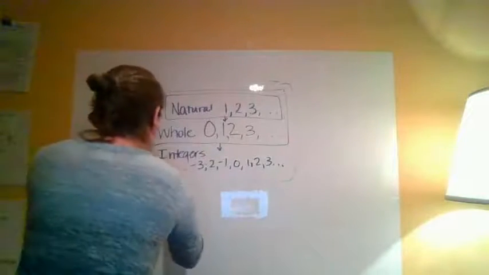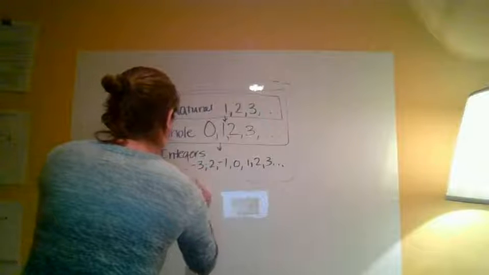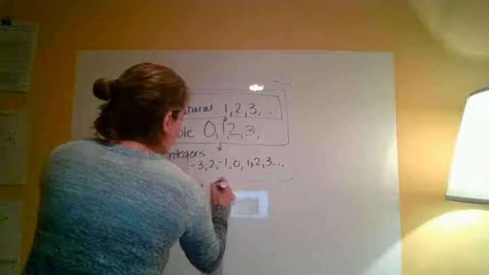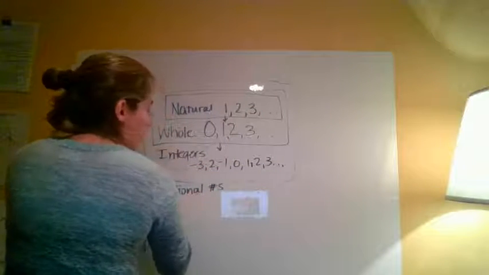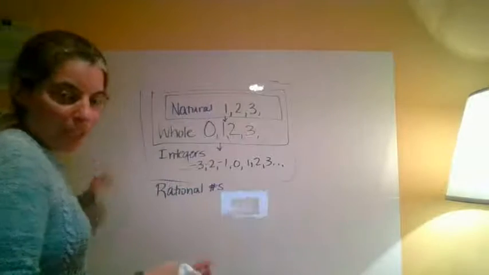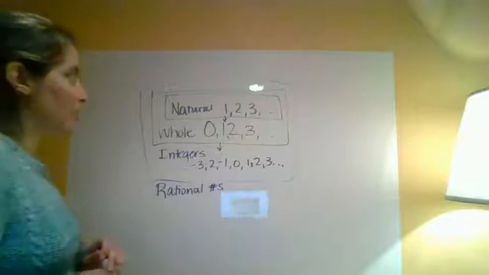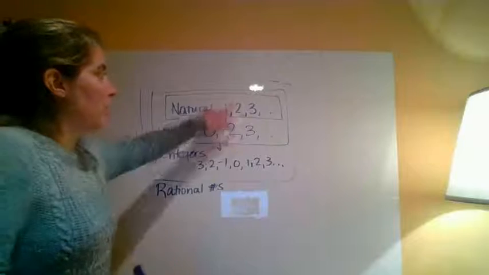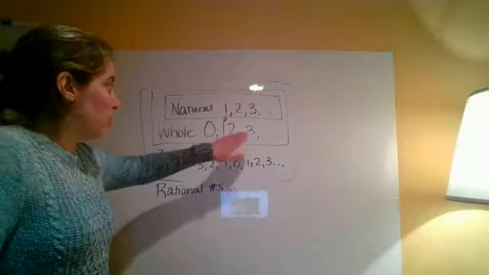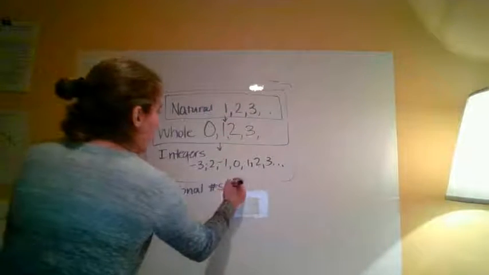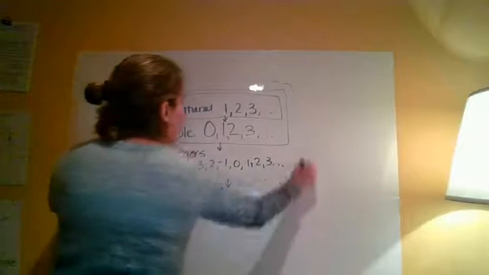And then we move on to those rational numbers. And these are the decimals that end or repeat, and anything that can be written as a fraction. So something like 2 can be written as 2/1. That's a natural number, a whole number, an integer. All of the integers are also part of the rational numbers.